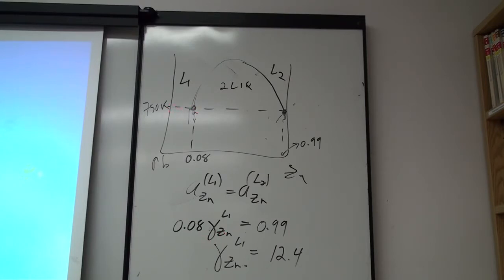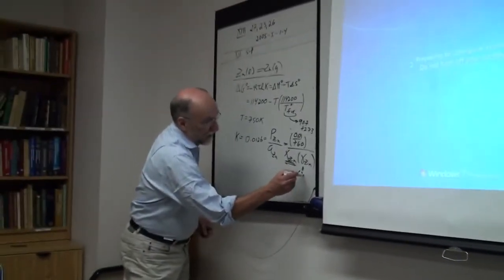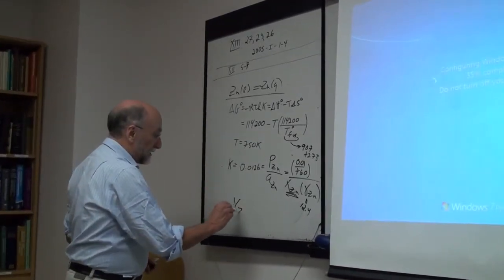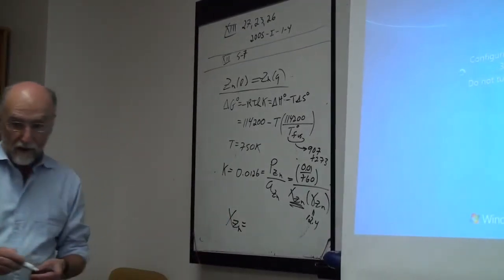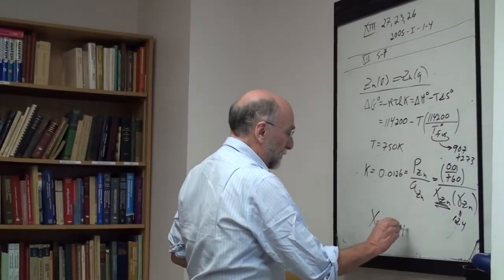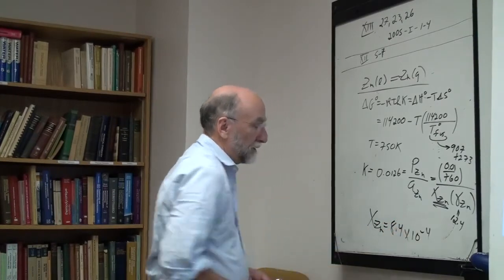So now that I've got my gamma zinc from the phase diagram, I put it into this equation, and I can calculate the mole fraction of zinc at equilibrium is 8.4 times 10 to the minus 4.